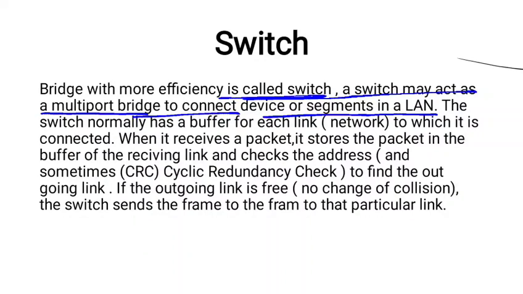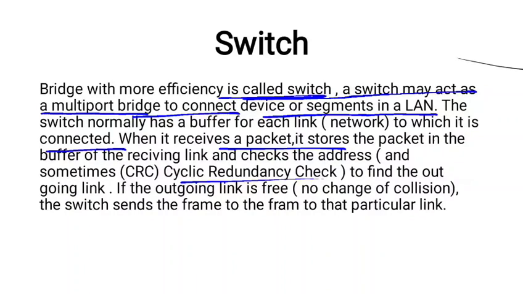Now next, the switch normally has a buffer for each link network to which it is connected, and when it receives a packet, it stores the packet in the buffer of the receiving link and checks the address and sometimes the CRC. CRC means cyclic redundancy check, to find the outgoing link.